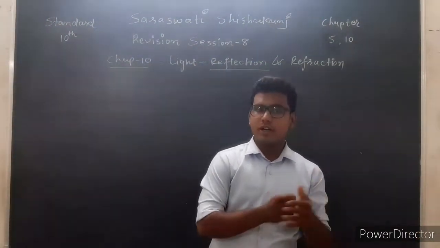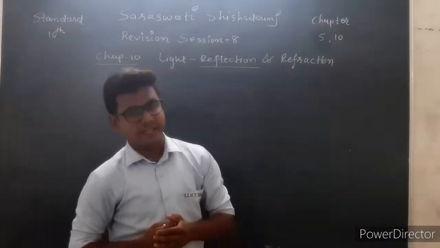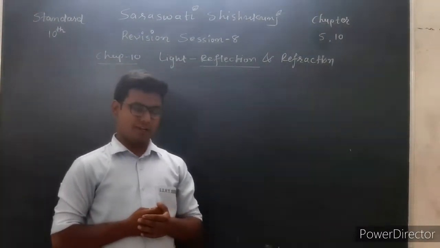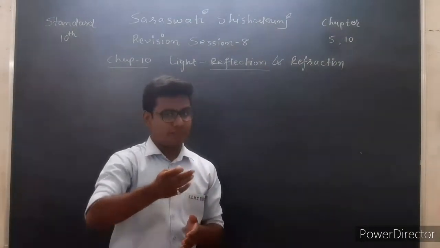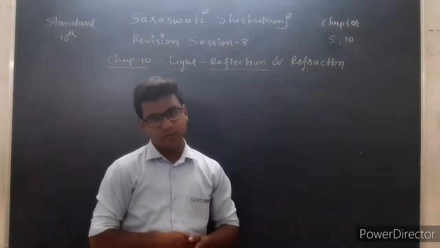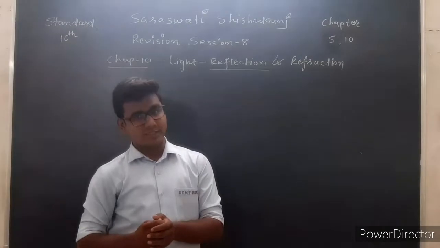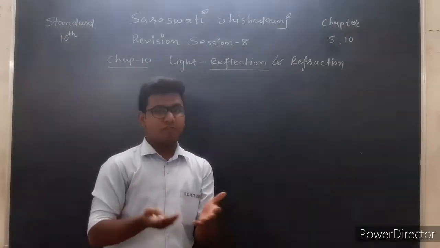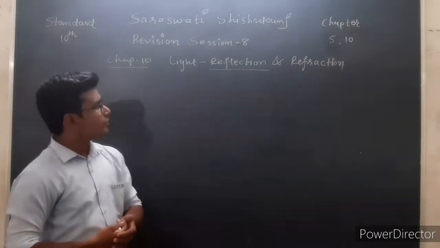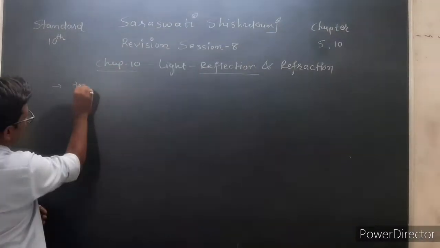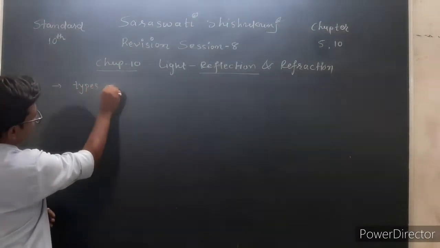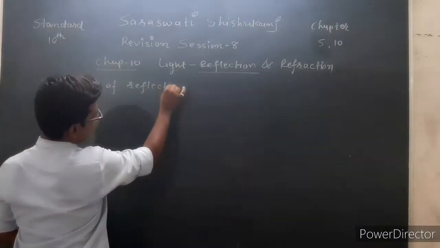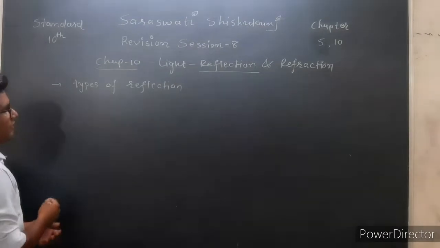We have also understood about spherical mirrors, right? In that we have understood different definitions of spherical mirrors. Any definition can be asked in 1 mark, in the form of blanks, or in the form of match the following. In reflection, about types of reflection, there are regular reflection and irregular reflection.